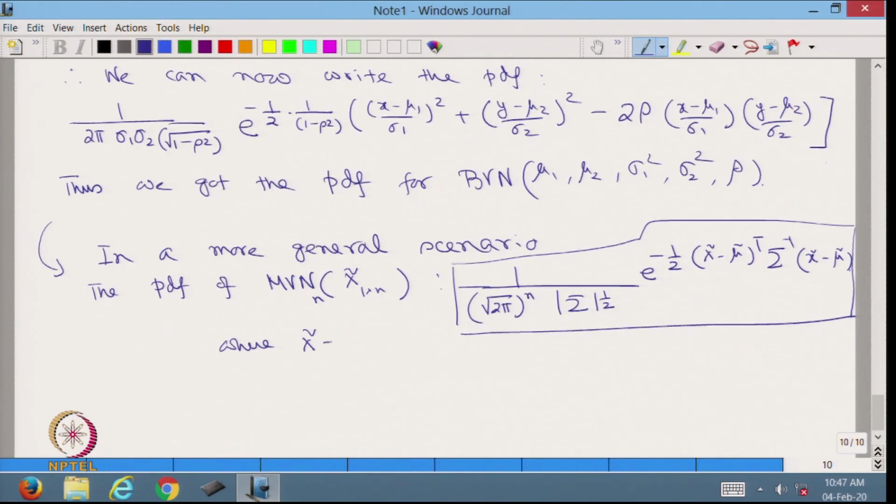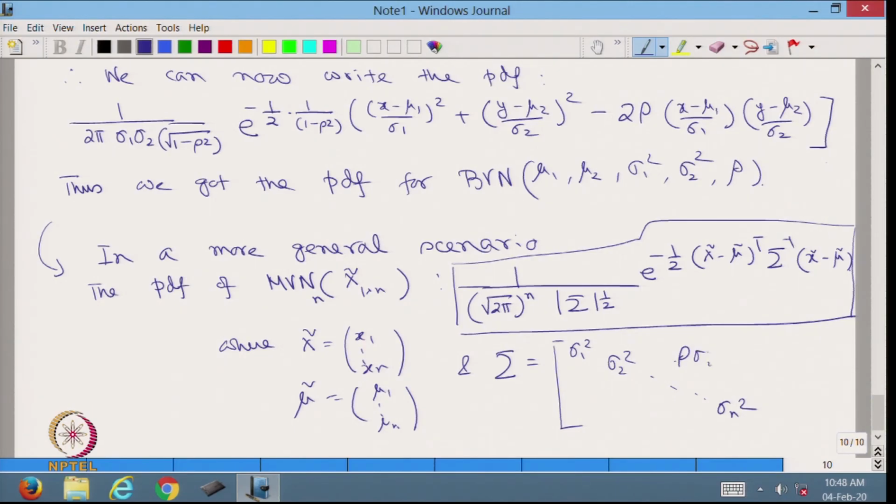x is x 1, x 2, x n, mu is equal to mu 1, mu 2, mu n, and sigma is equal to sigma 1 square, sigma 2 square, sigma n square, and the ijth element here is going to be rho sigma i sigma j.